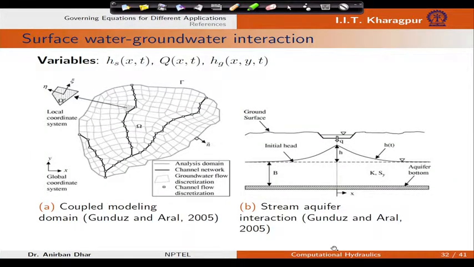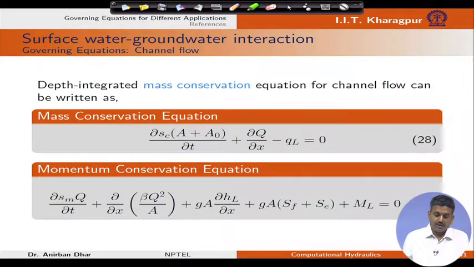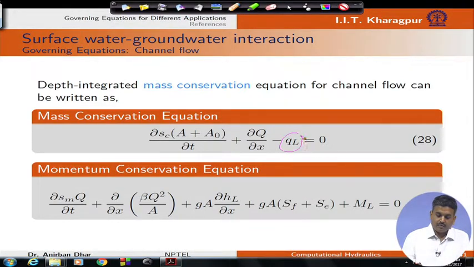If we consider regional scale modeling, then for channel flow we need to solve this relatively general equation where QL is the lateral inflow or outflow, ML is the lateral momentum flux, and A naught is the dead storage in channels.